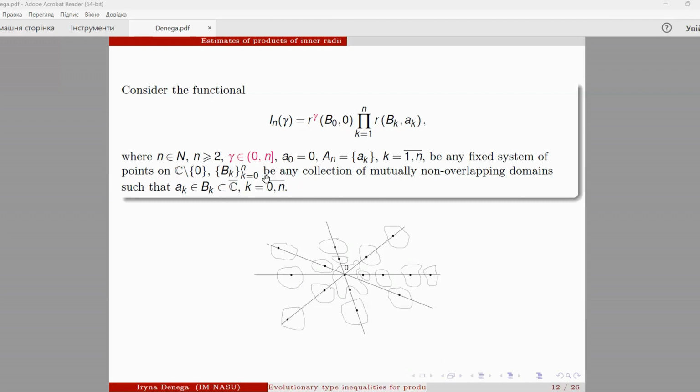B_k be any collection of mutually non-overlapping domains such that a_k is in B_k, k from 0 to n. Then we use a mapping 1 over z to this system of points and domains.